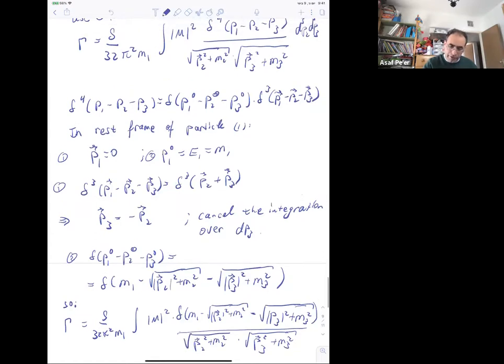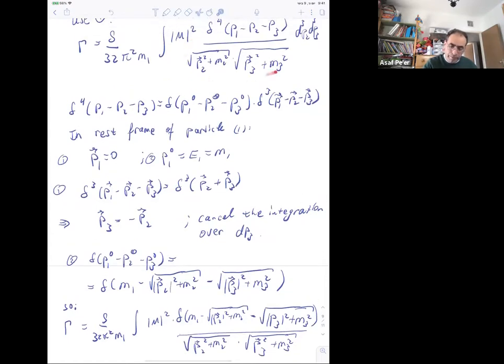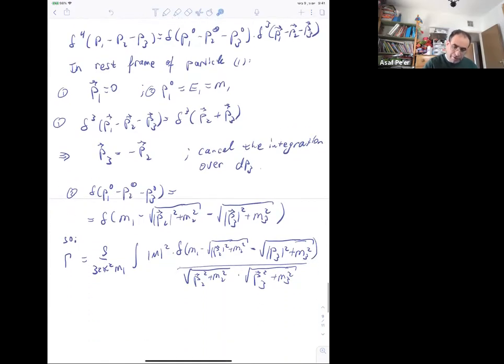And then we still have the remaining delta cube of P2 plus P3 times d cube P2, d cube P3.